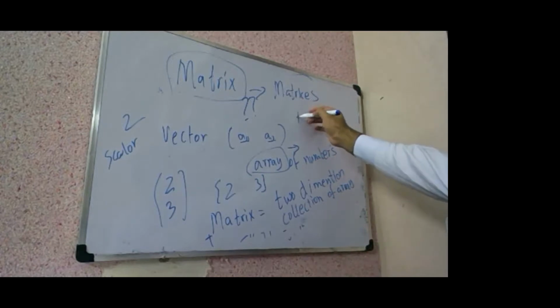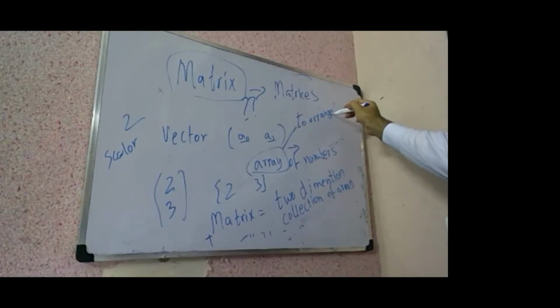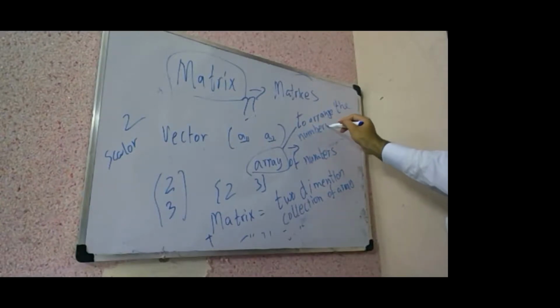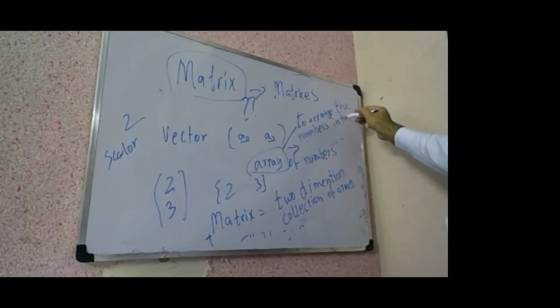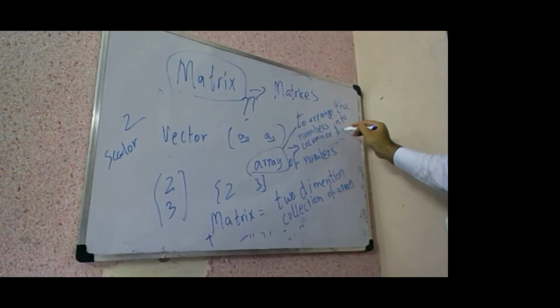What is an array? An array is to arrange the numbers into column or row. That's an array, right? Just like this, A11, A12. Hence, a matrix contains at least two rows.